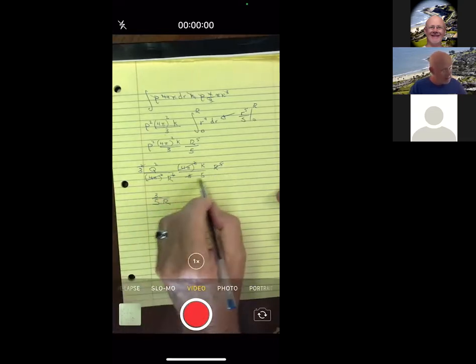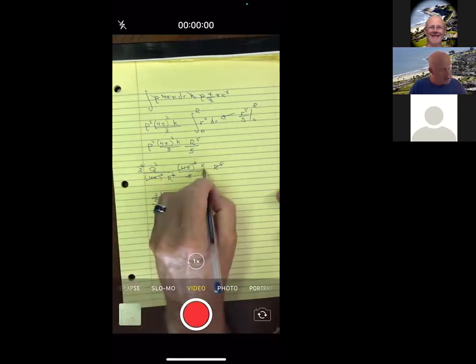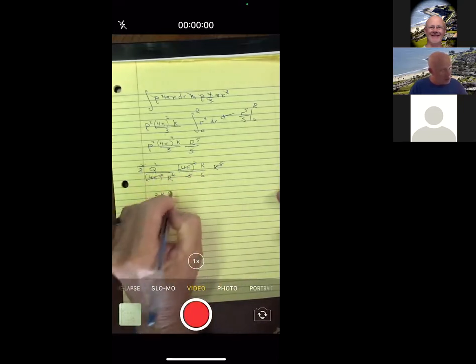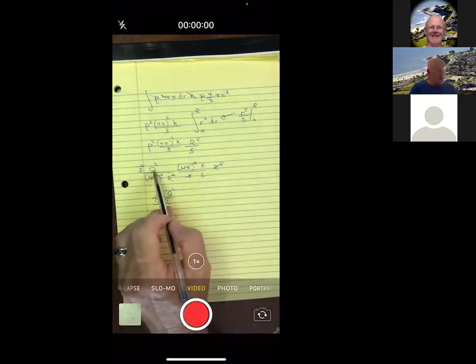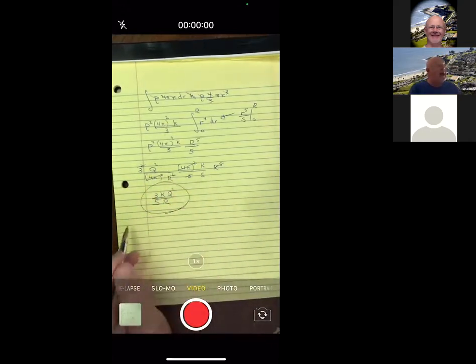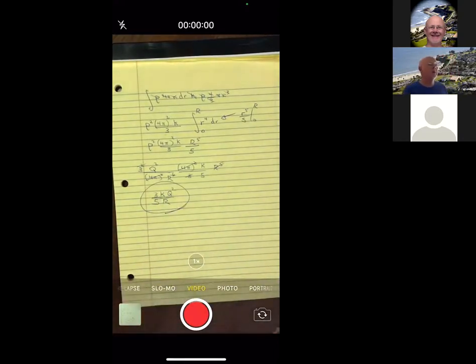Also down on the bottom, I'm going to have an r. I'm going to have a Coulomb's constant here, and I'm going to have a q squared. I think that's it, q squared, yeah. And that matches with the author. Nice.